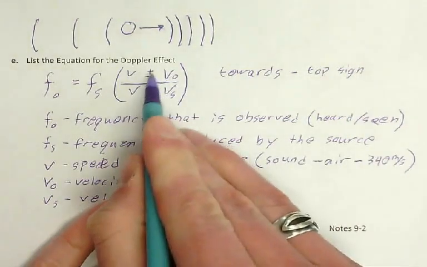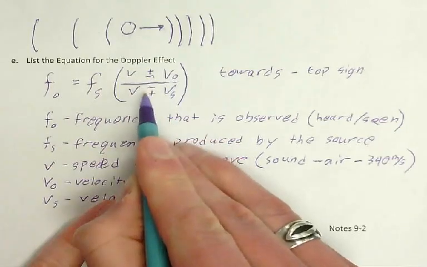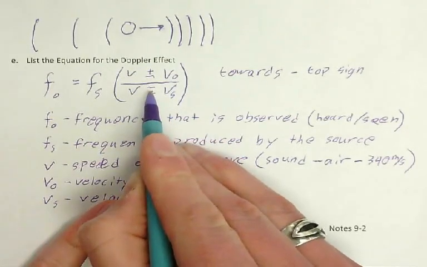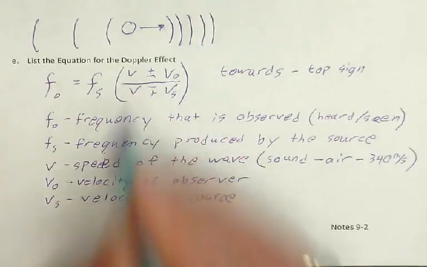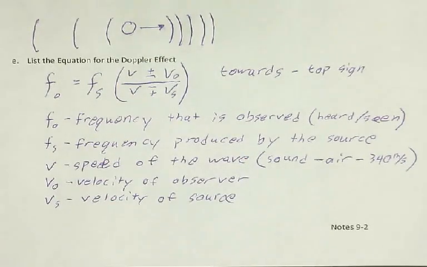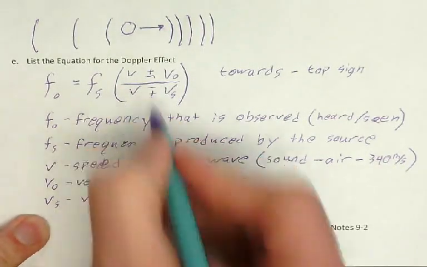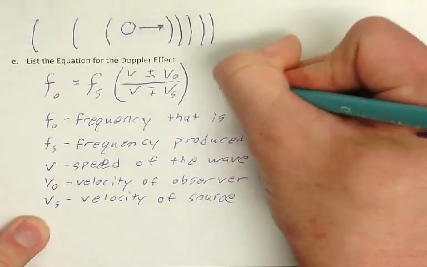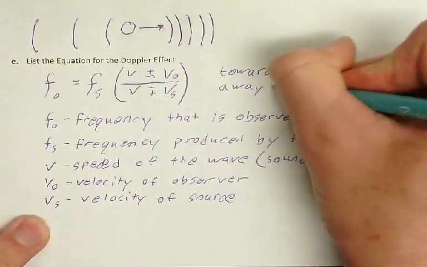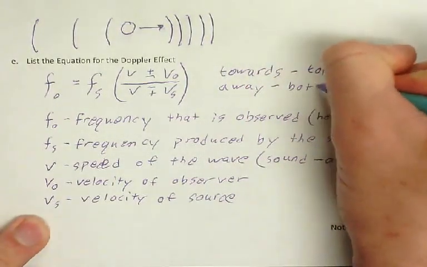So in the numerator, that is plus, but in the denominator, that's minus. And that's because when you go towards, you need a higher frequency. So that's how you get higher frequencies, by adding Vo or by subtracting Vs. If you go away, you would use the bottom sign.